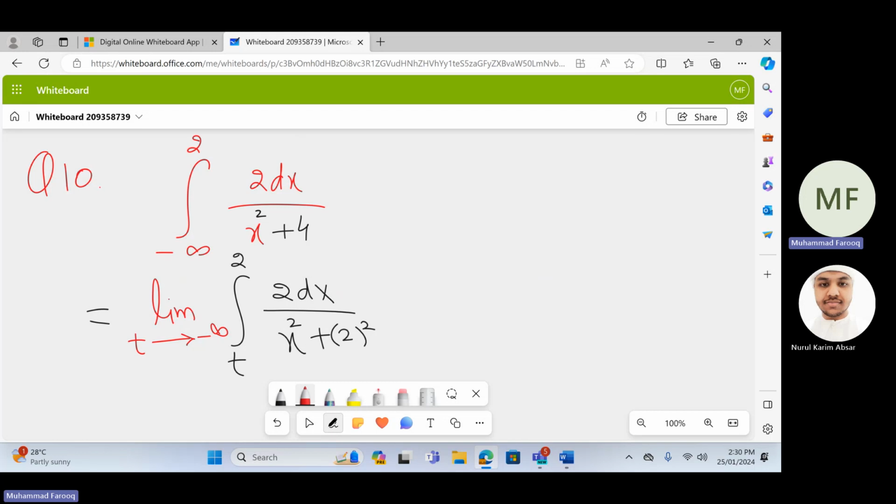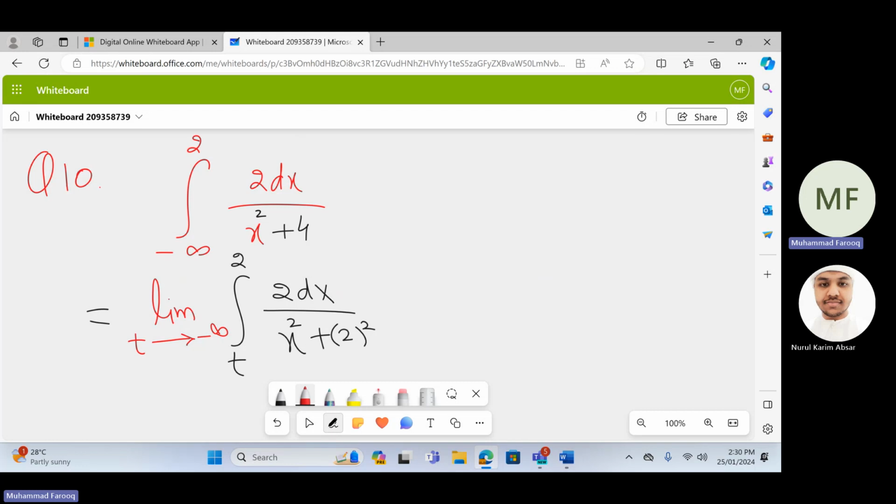Now you have two components of your question: one is integration and then the limit. First integrate, and when you get the answer, put in the upper limit minus the lower limit.